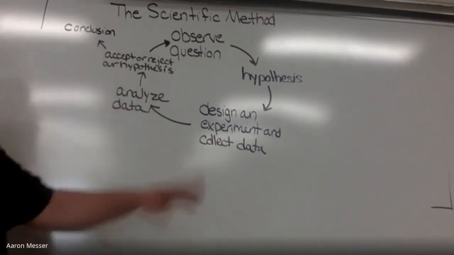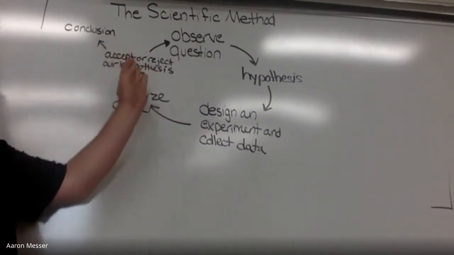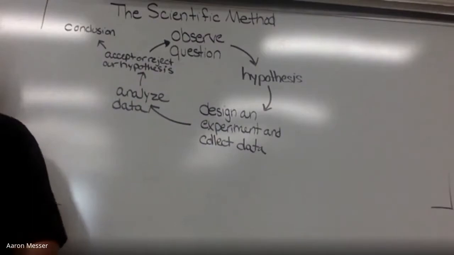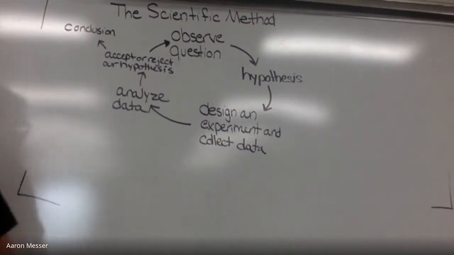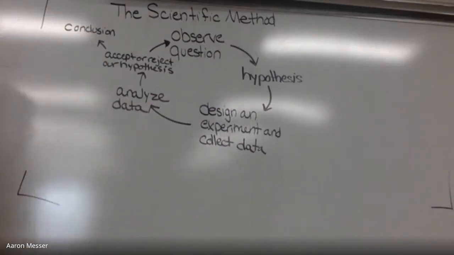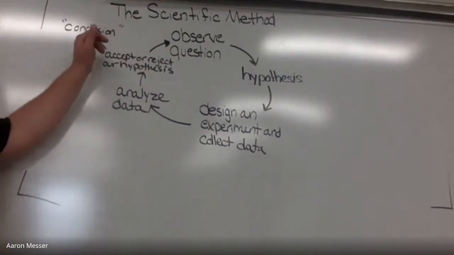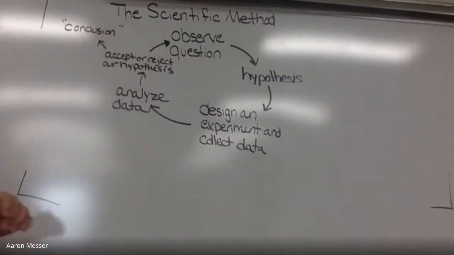Every once in a while, you will do an experiment that does have a pretty concrete conclusion that doesn't necessarily lead to another observation or question. However, most times you just keep going through this and we keep learning and developing. On the test, you'll see words like conclusion.